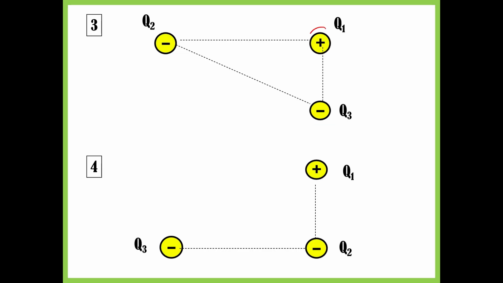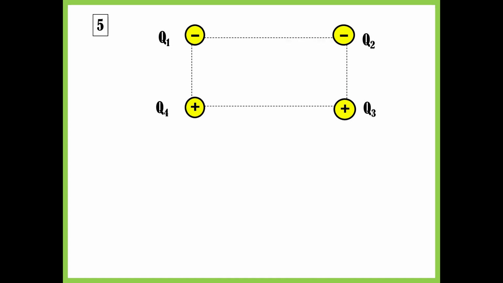Force acting on Q1, positive and negative will be attractive, so we label it as F13. Positive and negative is also attractive, so the direction is to the left. This is F12. Again, force acting on Q1.